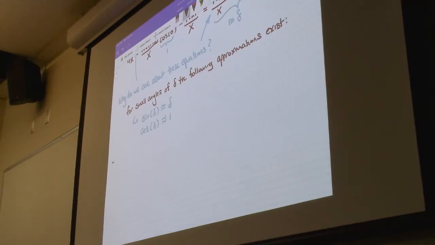And so now, can we represent PR and QR as approximations for the case where delta is very close to 0?